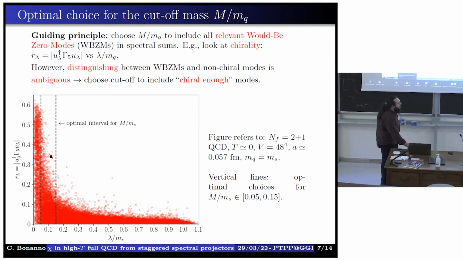In this range here, the mean number of eigenvalues that we include in our spectral sum varies from the order of 10 at the left edge of this interval up to about 30. So this is the mean number of modes that we include in our spectral sums.